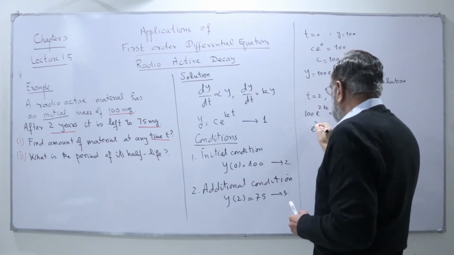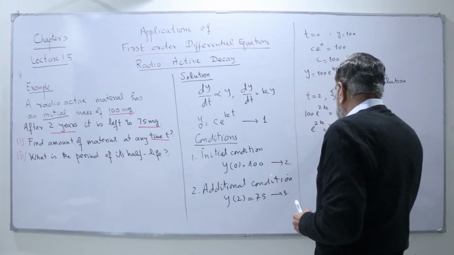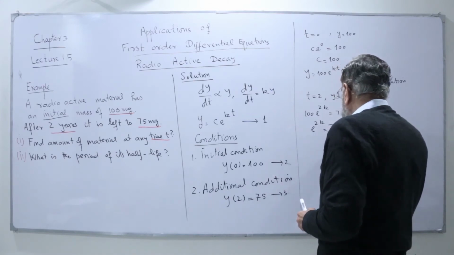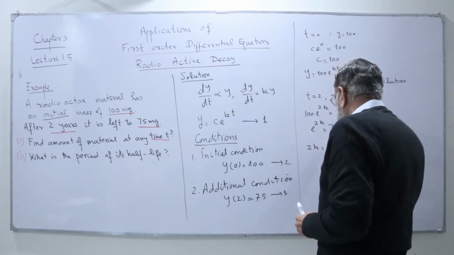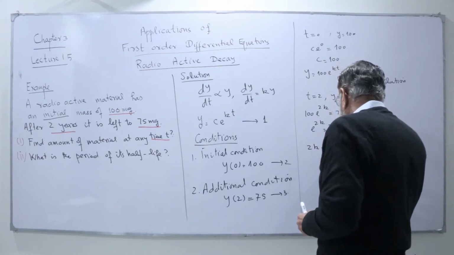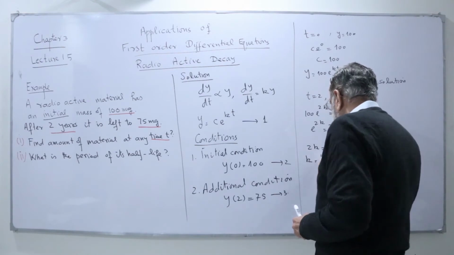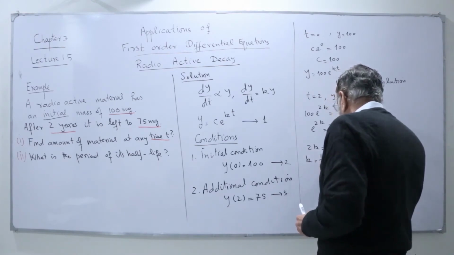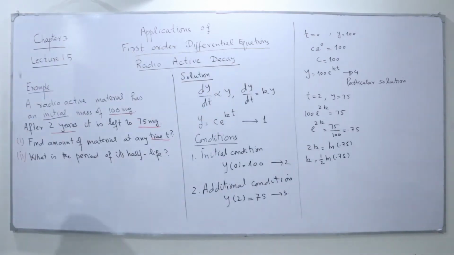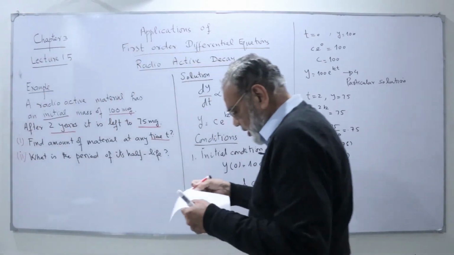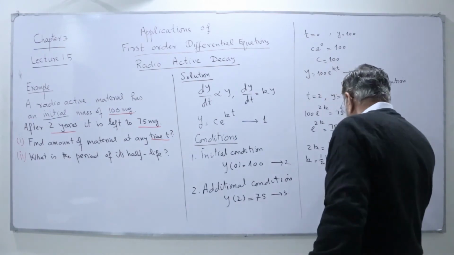I get e^(2k) = 75/100 = 0.75. We take ln of both sides: 2k = ln 0.75, and my k is equal to 1/2 ln 0.75. We make the calculation of this one.